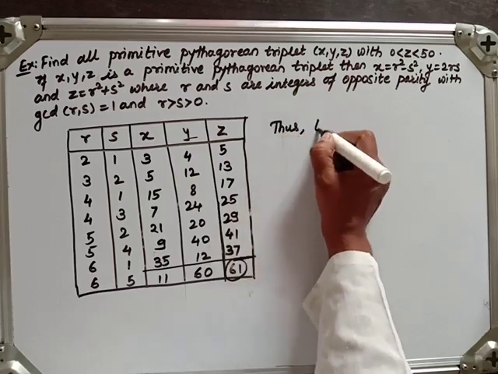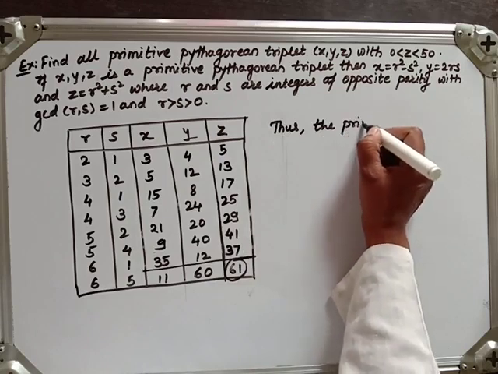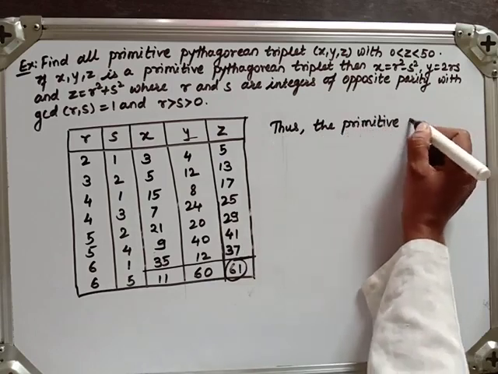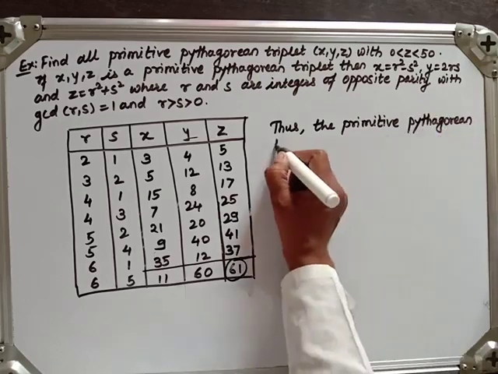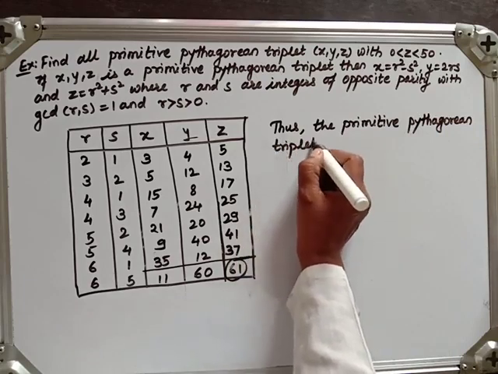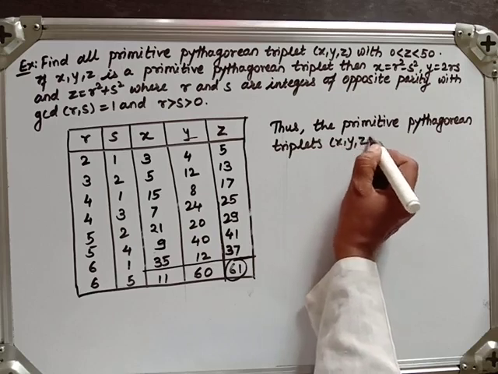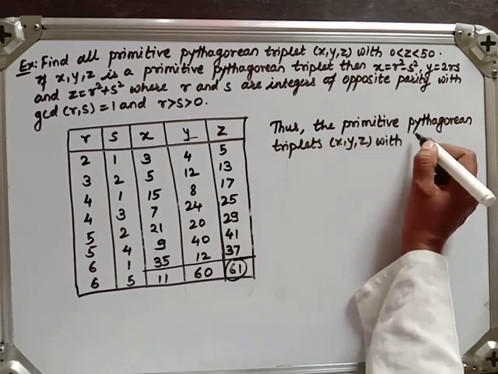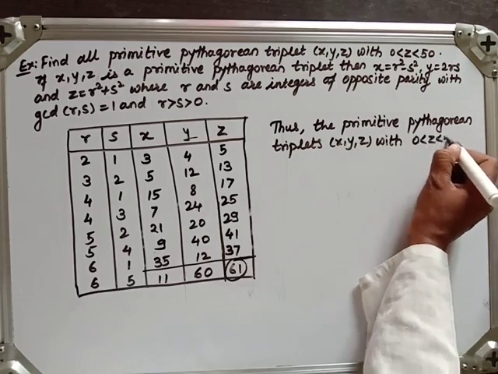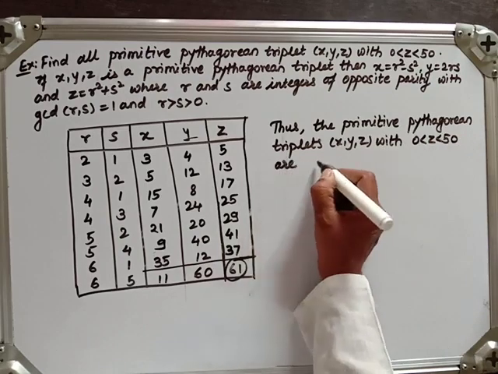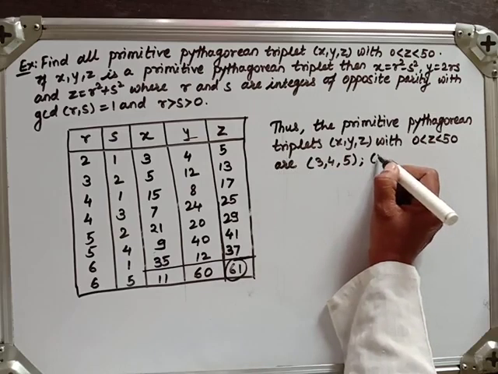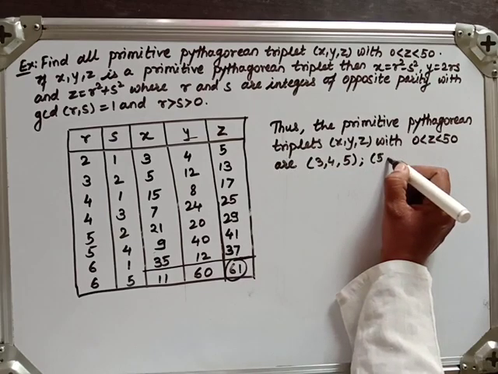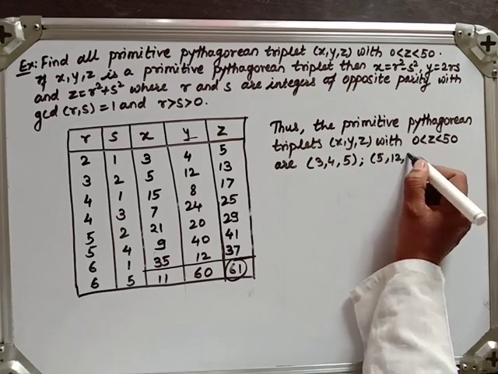Thus the primitive Pythagorean triplets x, y, z with 0 < z < 50 are 3, 4, 5, 5, 12, 13.